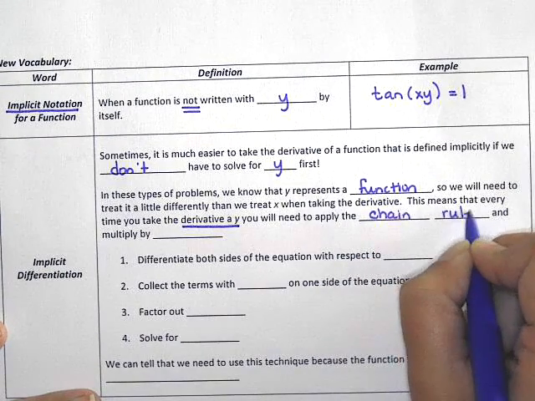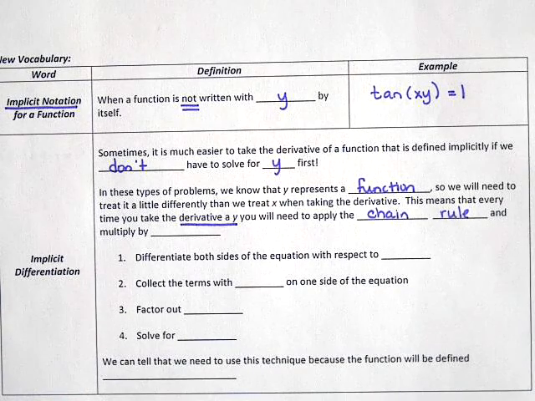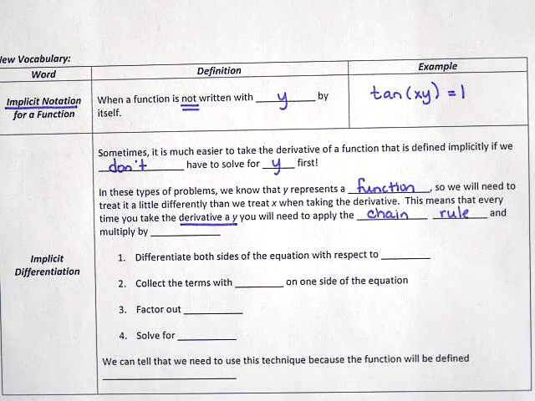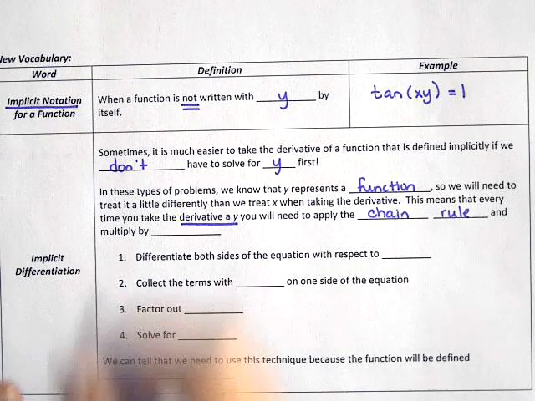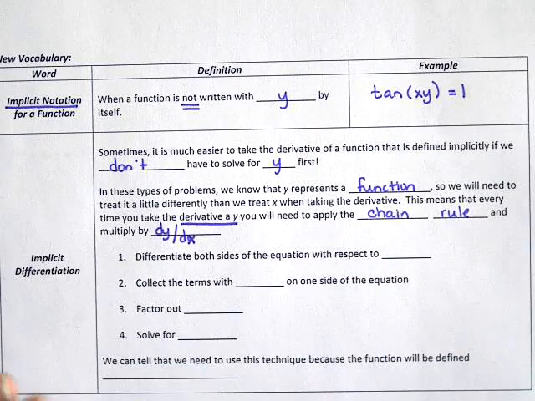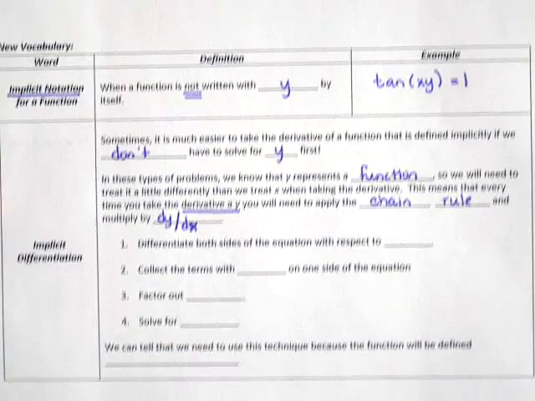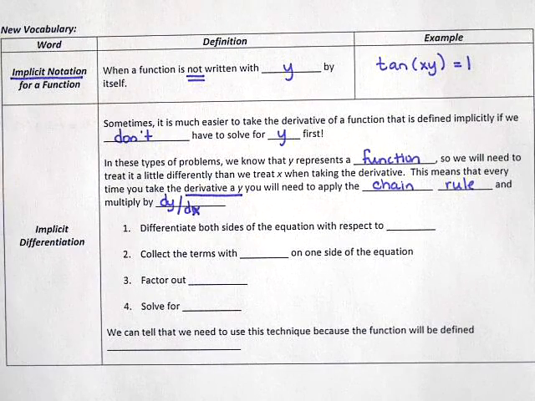And what the chain rule says is that you have to take the derivative of what y represents. To represent that we are doing that without doing it definitively, we would write dy over dx every time we take the derivative. Now this sounds harder than it really is. I think it'll make a lot more sense once you actually see it in action, so just go with me here for a second.